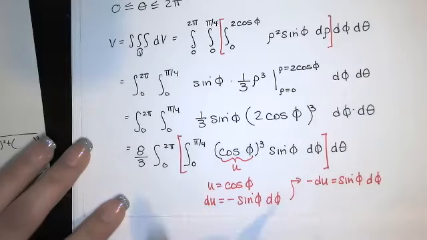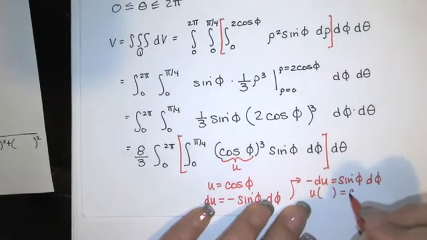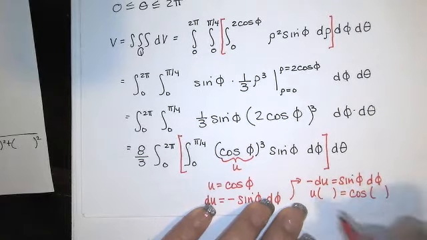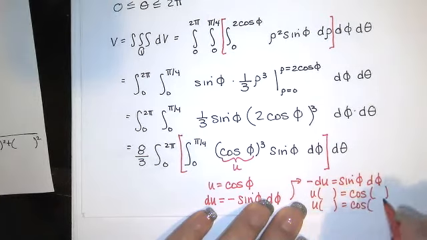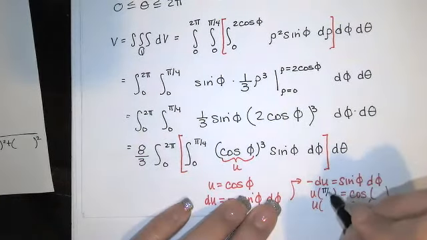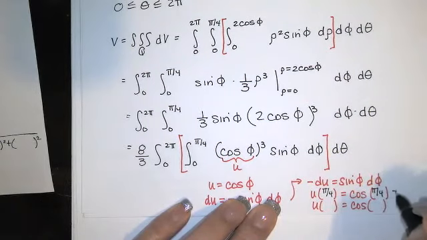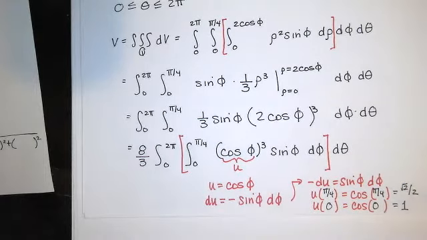Multiply by -1. Okay, and then we need new bounds. So I evaluate my u function at 0 and pi over 4. At pi over 4, we get cosine of pi over 4, which is square root of 2 over 2. At 0, we get cosine of 0, which is 1.